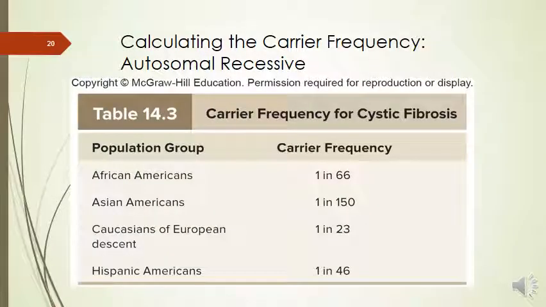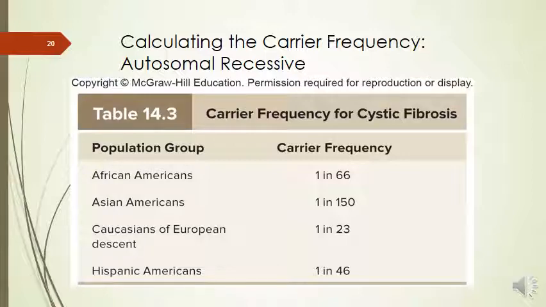The incidence of an autosomal recessive disease in a population is used to help calculate the risk that a particular person is a heterozygote. Returning to the example of cystic fibrosis, the incidence of the disease, and therefore also of carriers, may vary greatly in different populations. Please look at this chart that shows African Americans, Asian Americans, Caucasians of European descent, and Hispanic Americans.